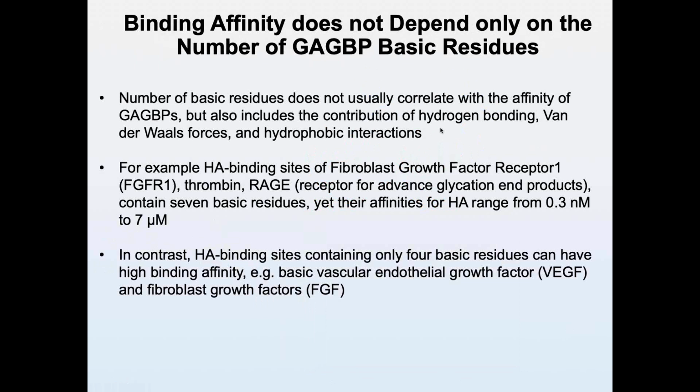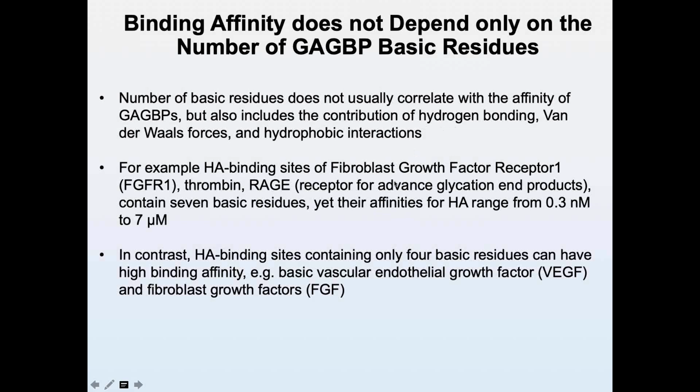So when you look at the affinity between the GAG and the protein, it doesn't usually correlate with the number of basic residues. Rather, it's a combination of the basic residue interaction as well as other interactions with hydropathic residues that involve hydrogen bonding, van der Waals, and hydrophobic interactions.